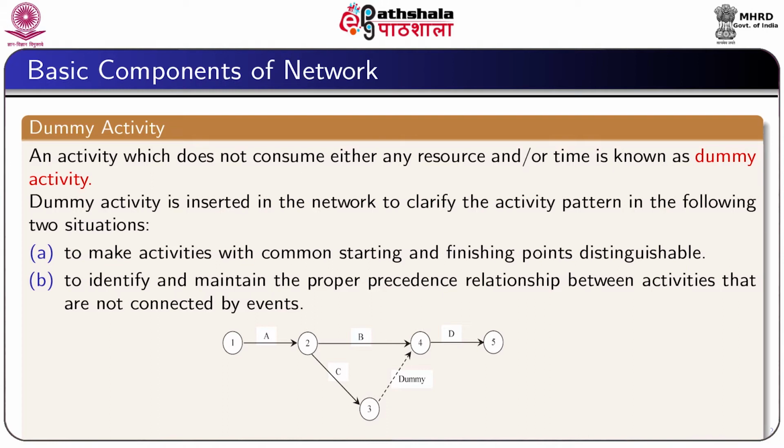But if I define an activity D which must start when the activities B and C are both completed, then the situation can be dealt with a dummy activity which is shown by the dotted arrow in the diagram.